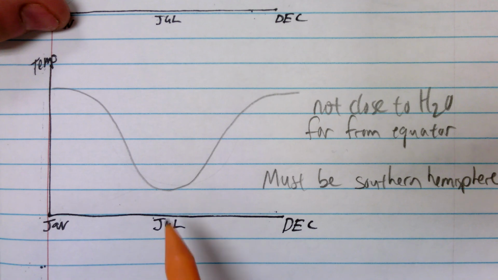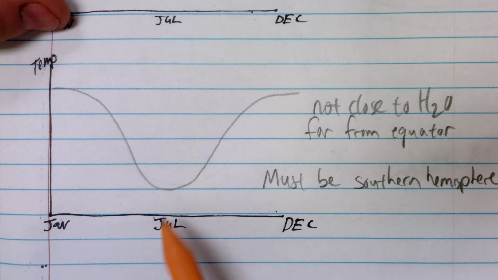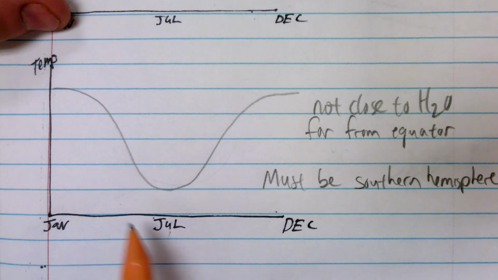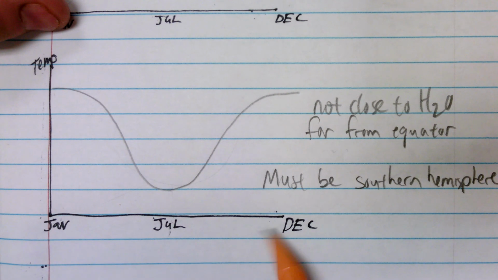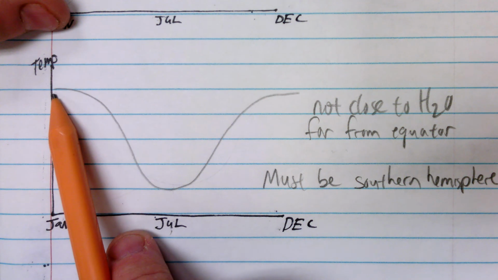That when we are getting our greatest sunlight in July, they're getting their least, and their temperatures are lowest. When we're getting our least sunlight in January and December, they're getting their most, and their temperatures are highest.